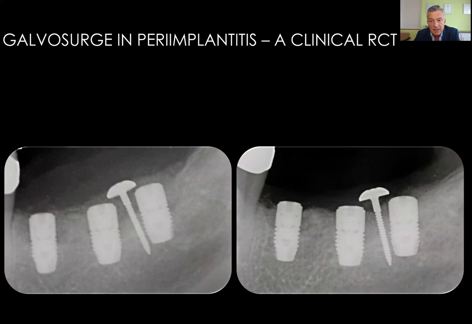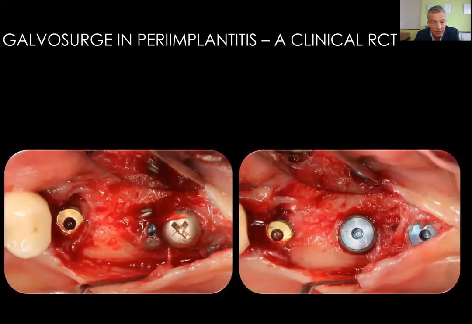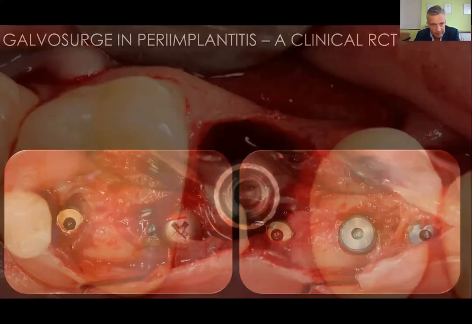The X-rays on the left side, on the right side show the baseline situation, and after 6 months you see a certain settling, but obviously we got some mineral structure almost to the shoulder of the implant. And when we open the site and remove the umbrella screw, we saw rock solid bone to the platform of the implant. I never saw that before.